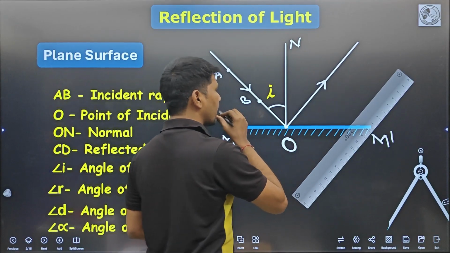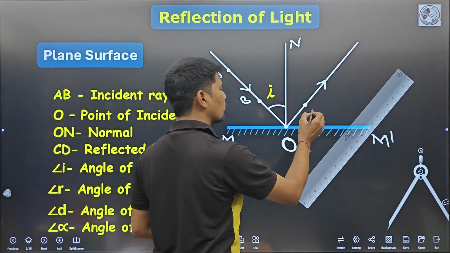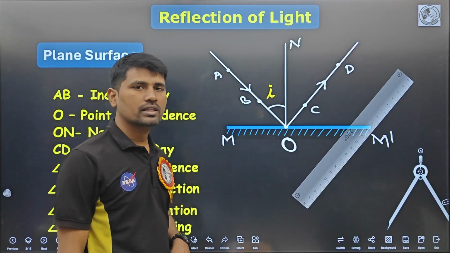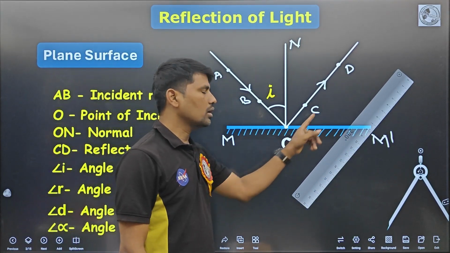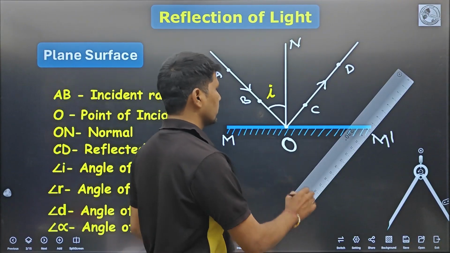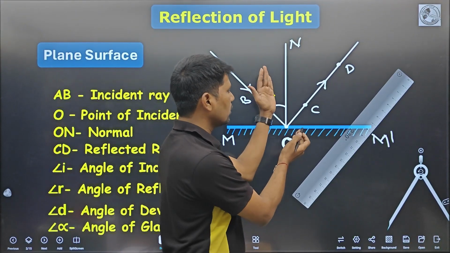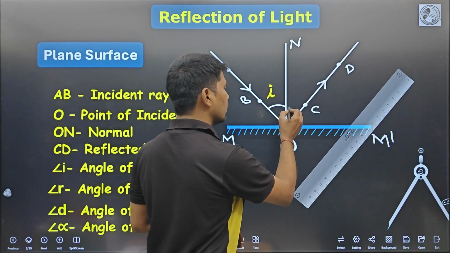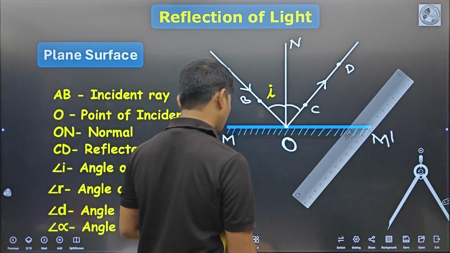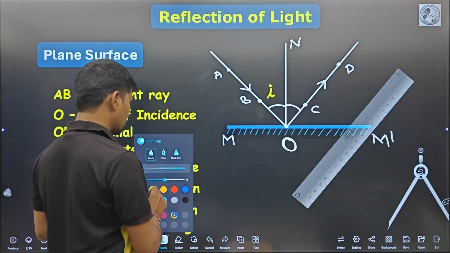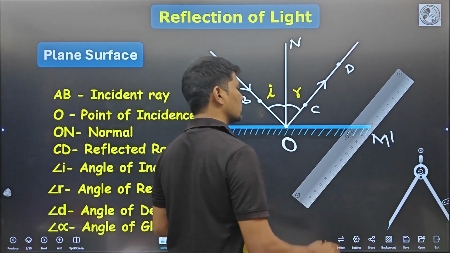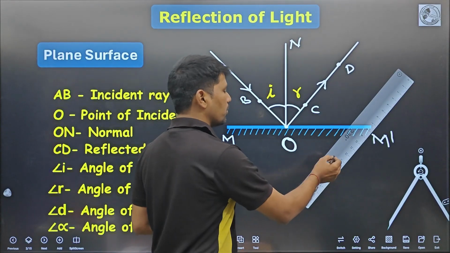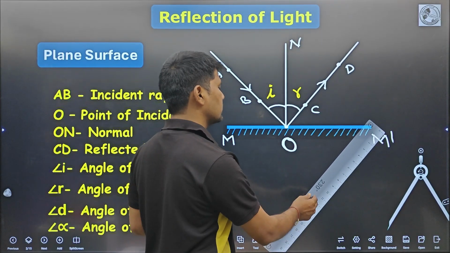I am considering two points, C and D. CD is the reflected ray. Now the angle between the normal ON and the reflected ray CD is considered the angle of reflection, R. This is the main basic phenomenon behind reflections.